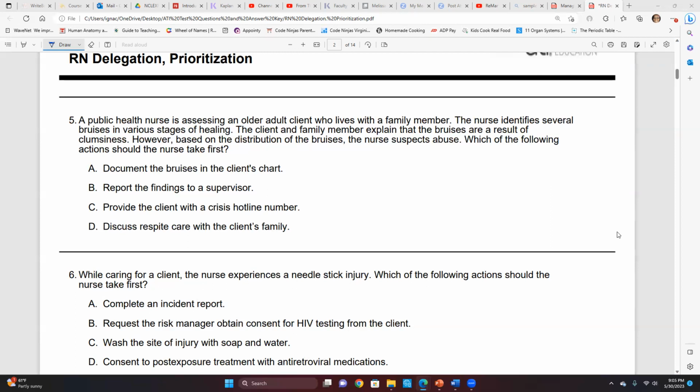Yes, and so you also notice that we are mandatory reporters of child abuse and elder abuse, and these are all the telltale signs of abuse. Remember, for child and elderly abuse, we must report, and it could be physical abuse, emotional abuse, sexual abuse, or neglect. They're not getting the care that they need.